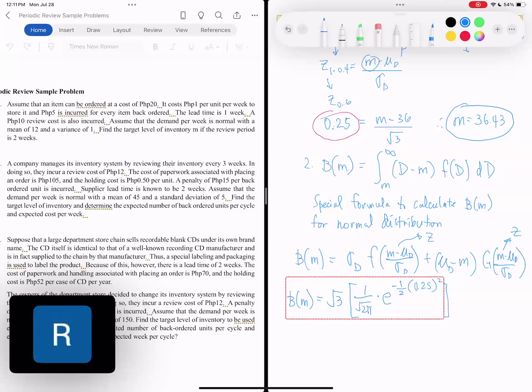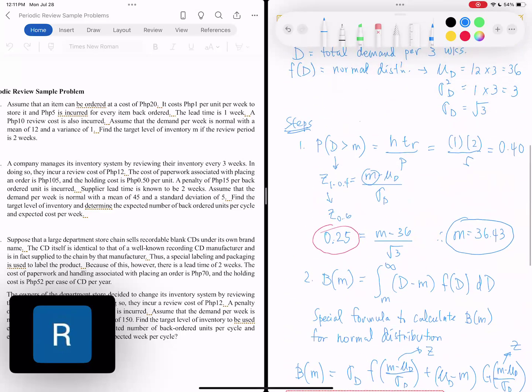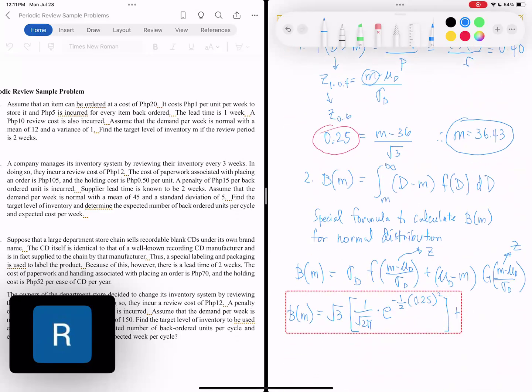And then plus, you have calculated your mu D earlier. This is the one, so you put it here, 36.